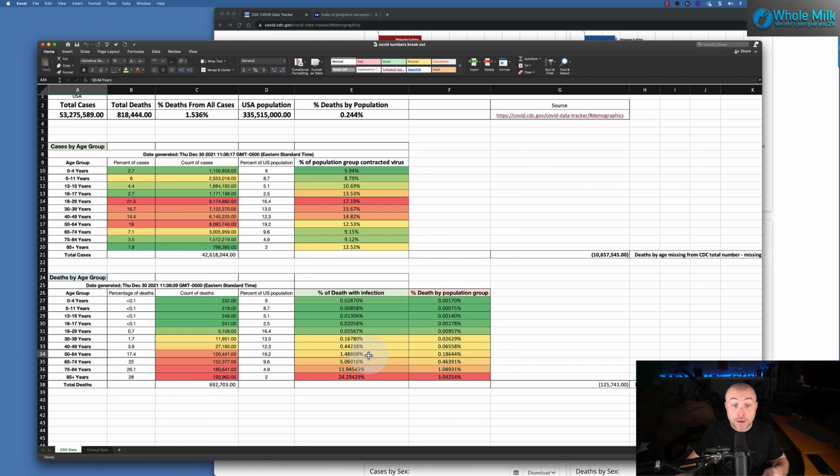Not 10%, not 20%, not 50%, 1.48%. When you go down to 65 to 74, which pretty much covers all the working age, productive years and your early senior years, 5%. So, okay, we have kids in masks based on a fraction of a percent.